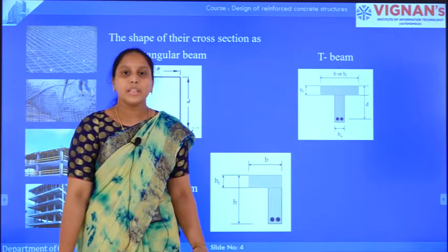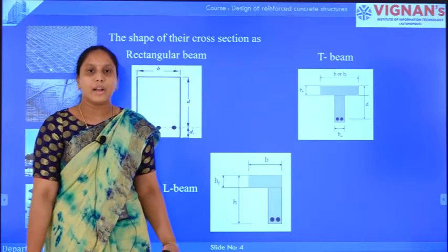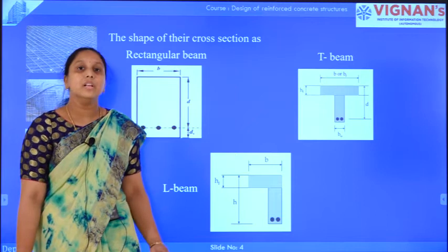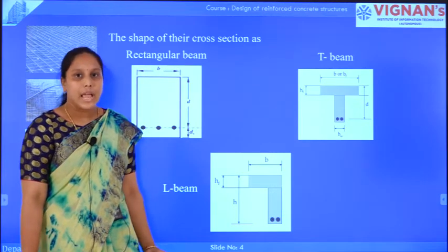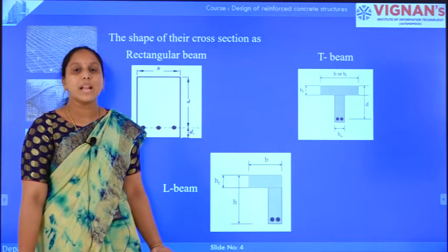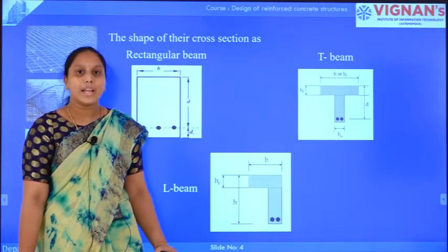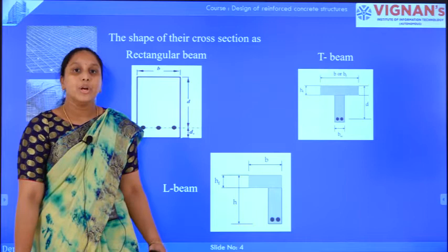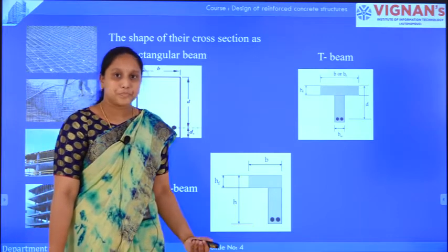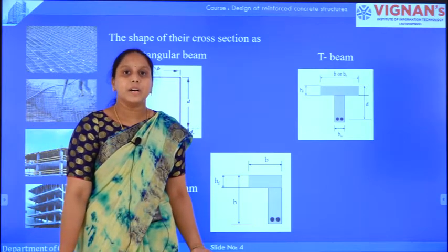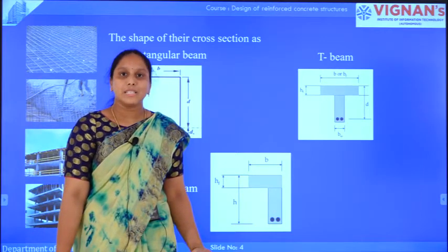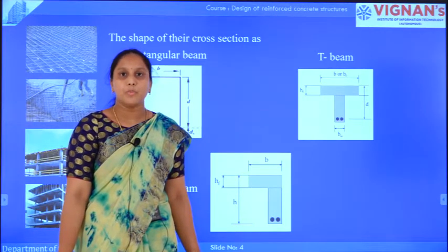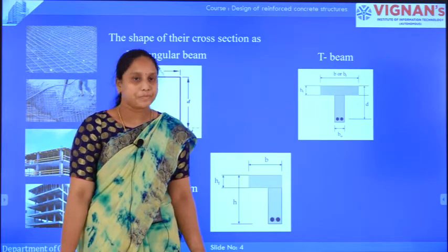Due to that, what happens? You will see the T-beams and the L-beams, that is, the beams as well as the slabs are casted at the same time. The slab part is acting at the topmost part of the beam.